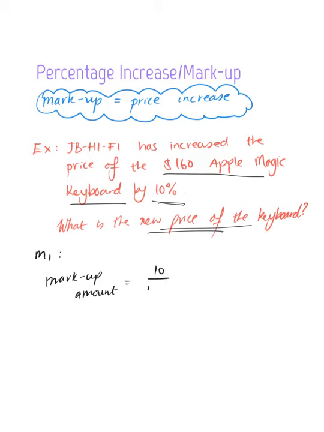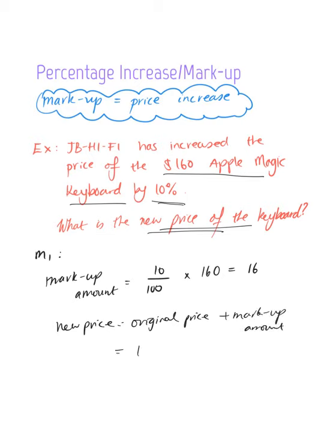So that's 10 over 100, and I need to multiply this by the original price, which is 160, and that is $16. So the new price is the original price plus the markup amount, and that is 160 plus 16, which is $176. So that's the new price of this Magic Keyboard. So we've obtained this using method 1.